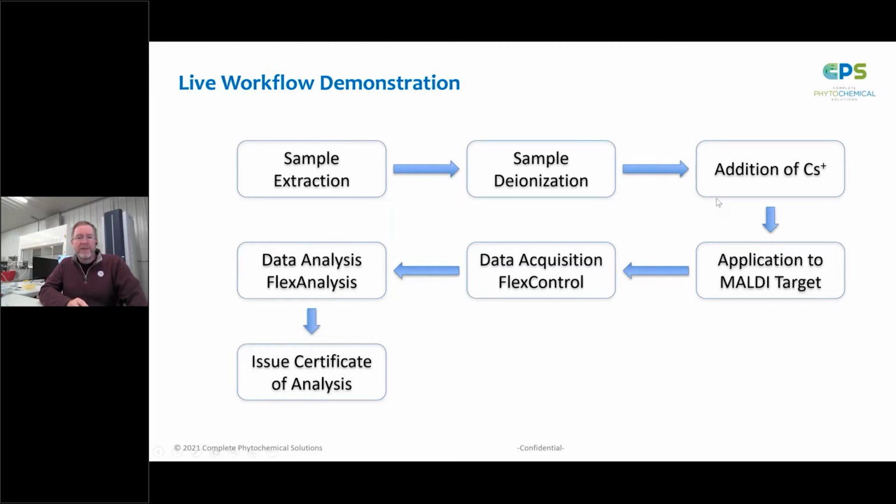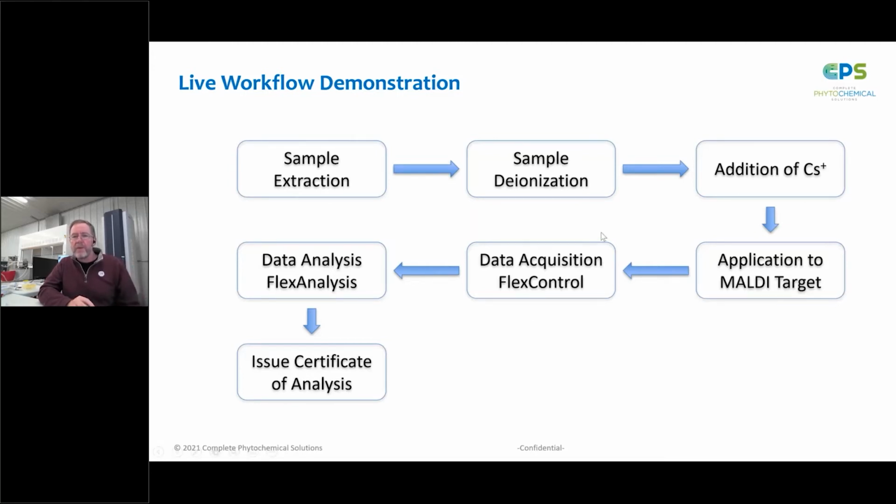We mix the sample with the matrix and apply that to a MALDI target. We then acquire the data on the Bruker system in the Flex Control software. That data is then processed in Flex Analysis. And based on this data processing, we can issue a certificate of analysis that characterizes the properties of the incoming product.